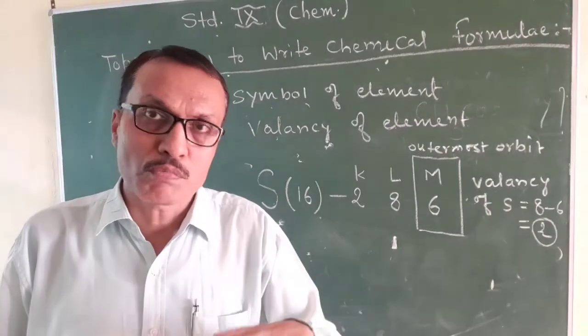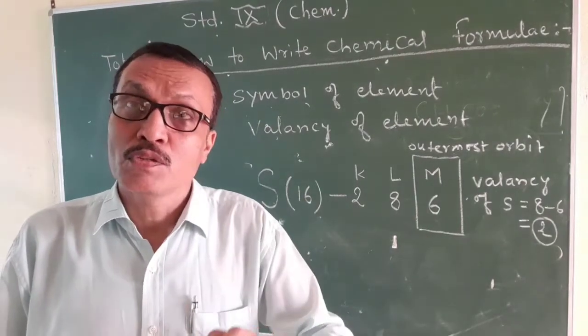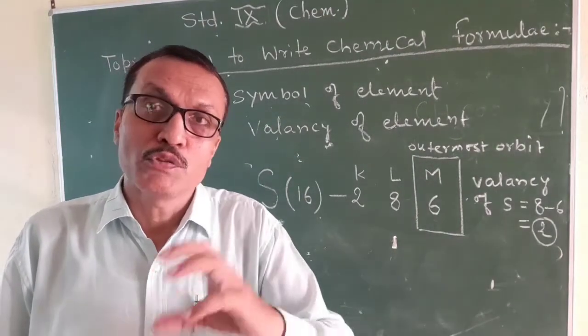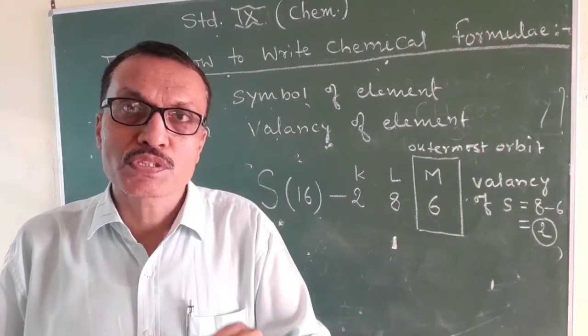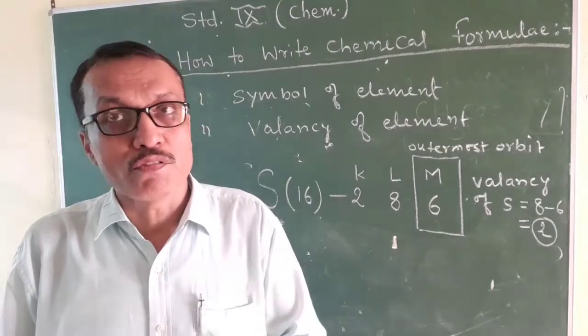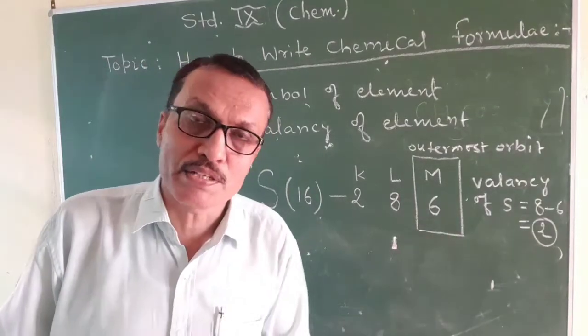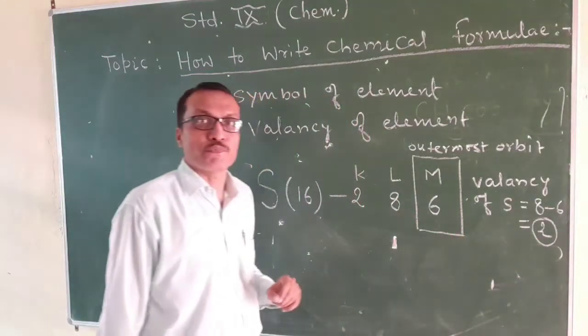But if there are more than 4 electrons, then to find the valency, you have to subtract the outermost orbit electrons from 8, and what you get is the valency of that element. So the valency of sulfur is 2.